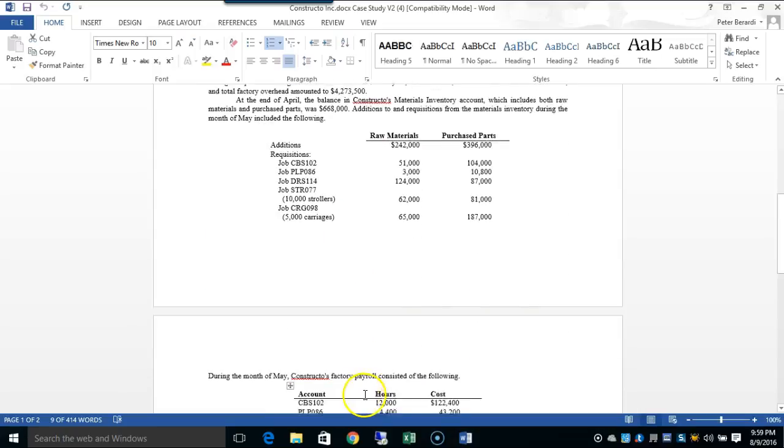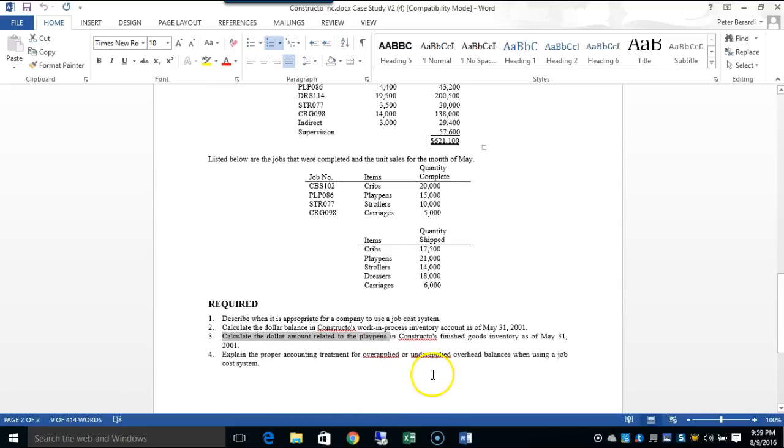So it wants to know what's the playpen's finished goods inventory value. So to know that, you're going to have to know the cost per unit and the number of units.